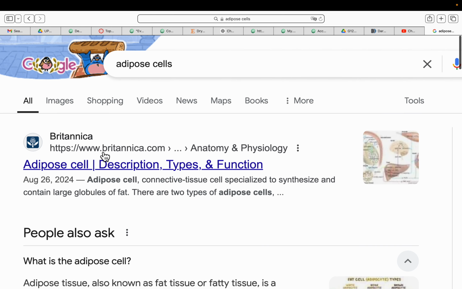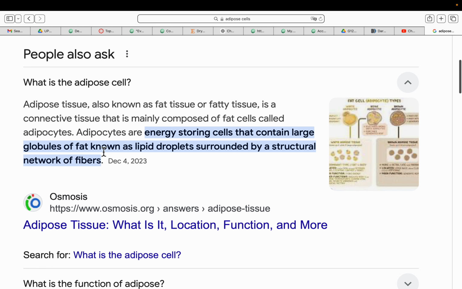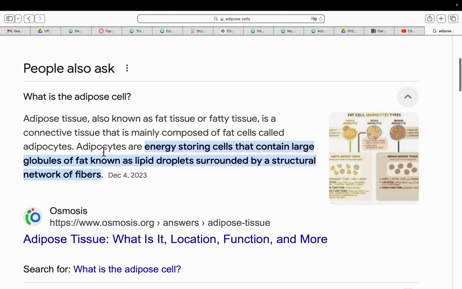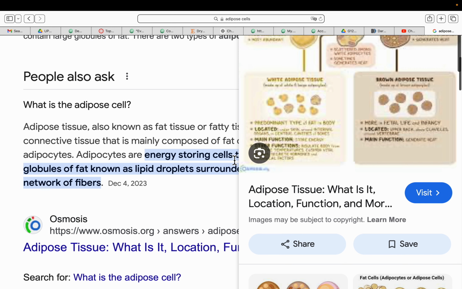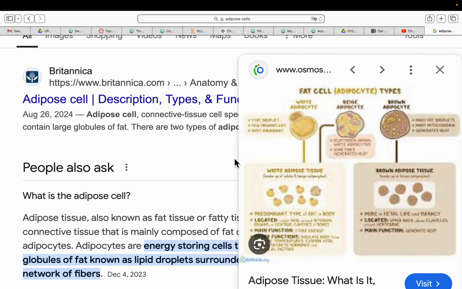They're able to withstand really cold temperatures. Adipocytes are energy storing cells that contain large globules of fat known as lipid droplets surrounded by a structural network of fibers. So, just remember the keyword insulation.